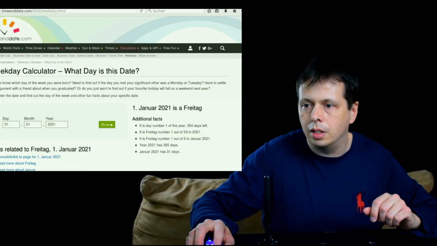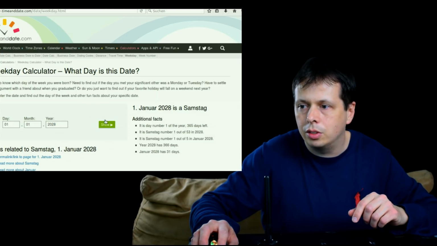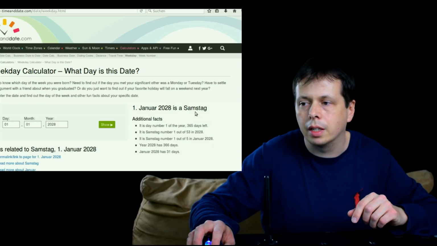So, let's check. I replace the 1 with the 8, and January 1st, 2028 is a Samstag, and Samstag is Saturday.